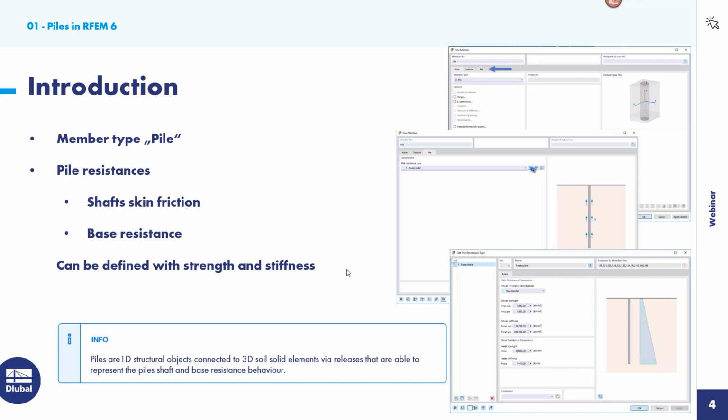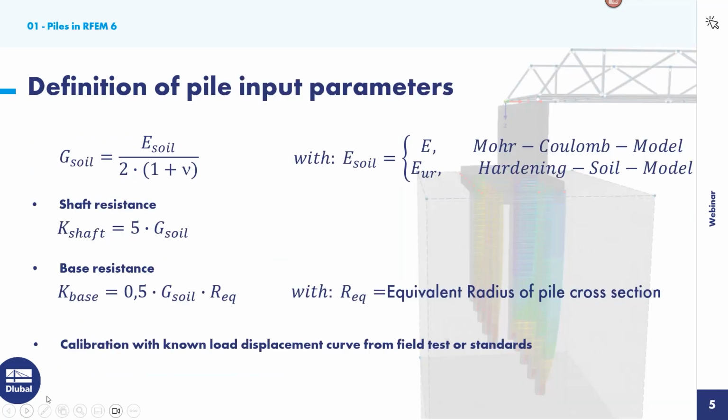As info, the piles are 1D structural objects connected to the 3D soil solid elements, and they are connected via releases that are able to represent the pile's shaft and base resistance behavior. How the values can be defined is provided on this slide.